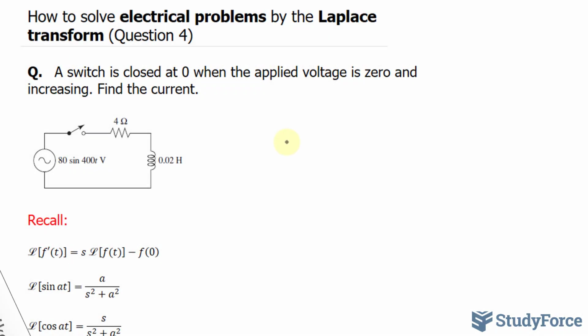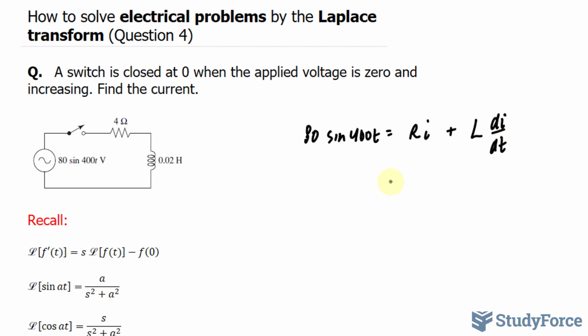So with that said, we have this expression representing our electricity source, which is 80 times sine 400t, and this is equal to the voltage drop here, which is the resistance times the current. And that's the instantaneous current. So we have R times I plus the voltage drop here, which is represented as L times di over dt, the rate of change of current with respect to time.